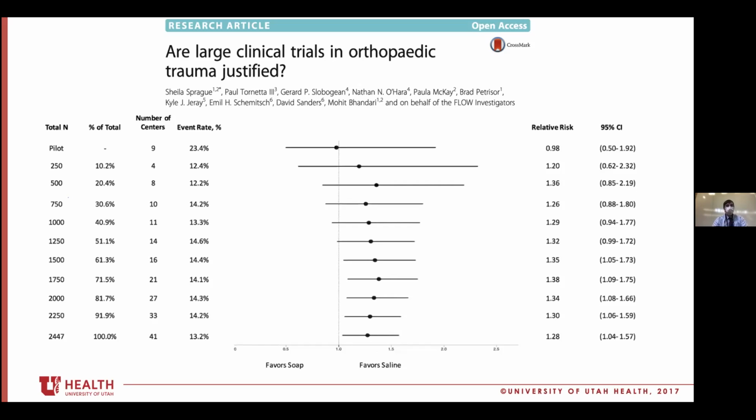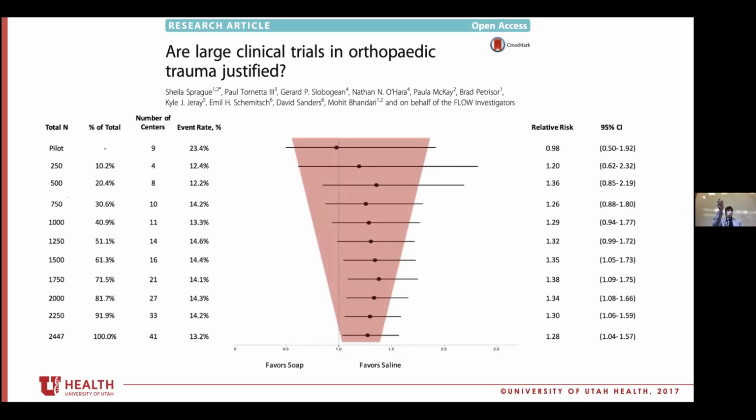And what's so cool about this is you can really see the effect of study power and sample size here. At the very start of the trial, had the trial ended prematurely, we would have come to an erroneous conclusion that actually there was no difference between the soap and the normal saline group. But as you see, as that N gets bigger, the confidence intervals shrink, we hone in on the truth, right?